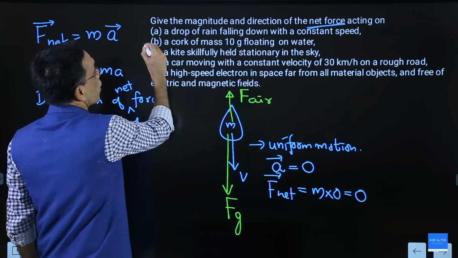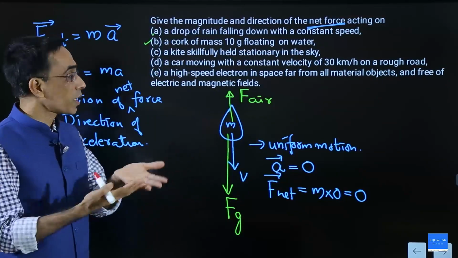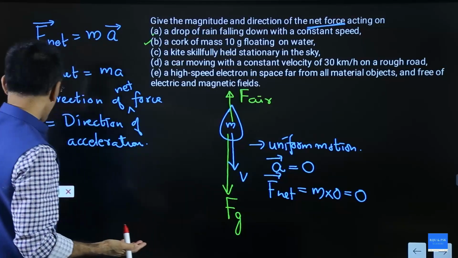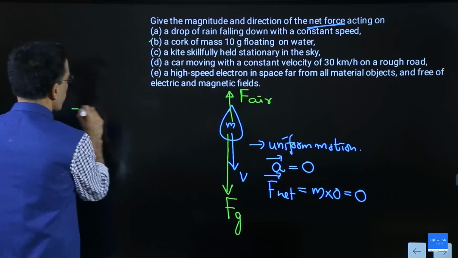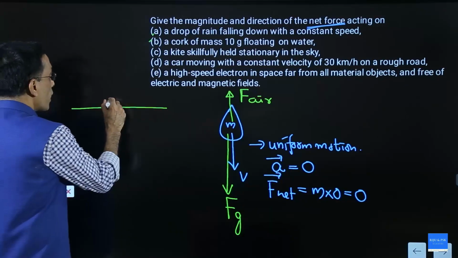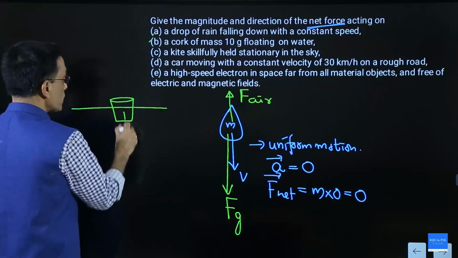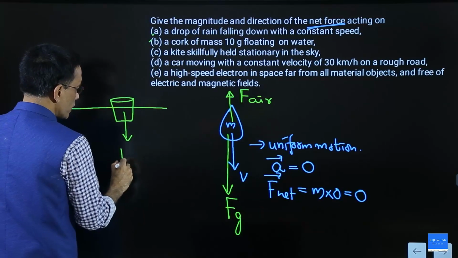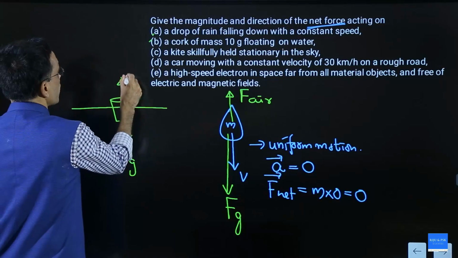Now, it is easy. A cork of mass 10 gram floating on water. If a cork is floating on water, then you can draw the diagram. This is the water surface and this is the cork. Floating means the cork will have the weight, which is a gravitational force, and the buoyant force from the water will be in the upward direction.